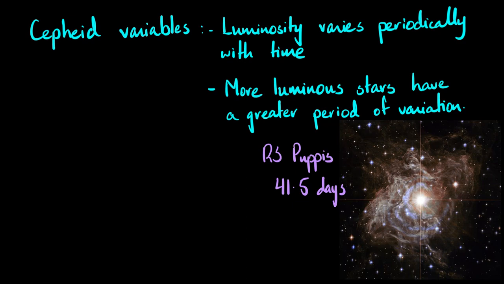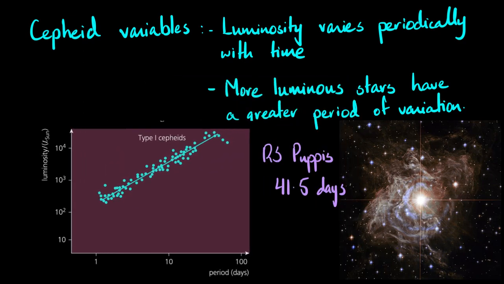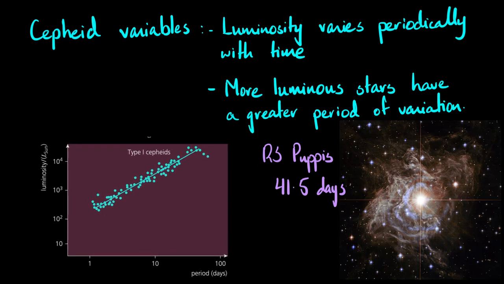Just like how we would do for normal P5 questions, what Henrietta did was simply plot a graph of the luminosity versus the period, and she got a straight line like this. So she inferred that there is some sort of straight line relationship.